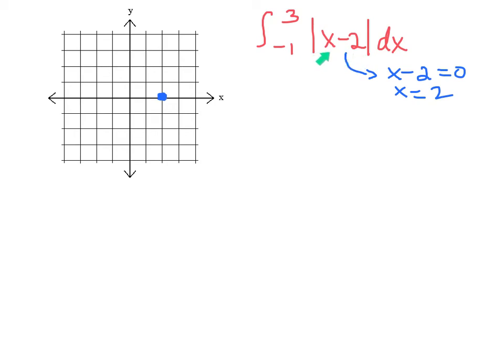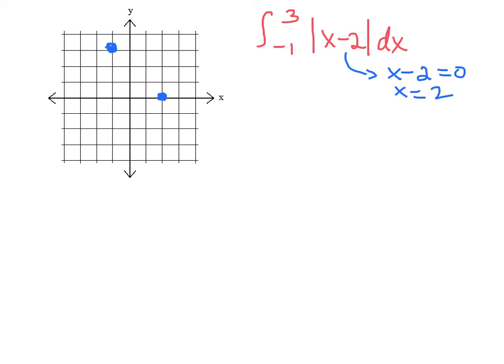So if I put in -1 into x minus 2, I'll get -3. So then I know that this point at -1 would go 1, 2, 3, and I can put a dot right there.